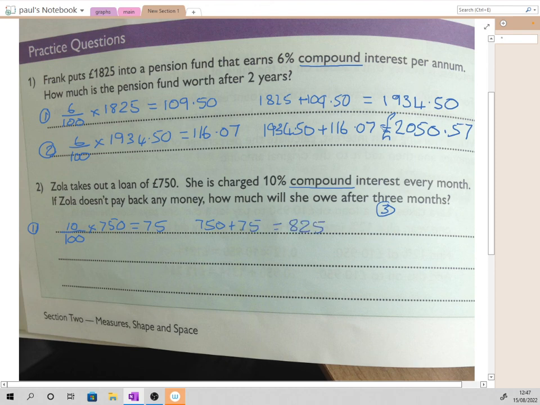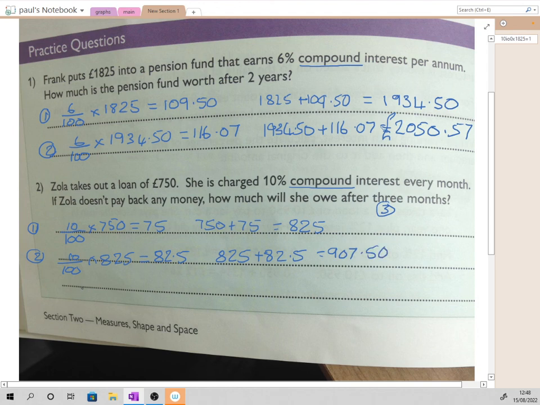So 10% of 750 is 75, which gives £825. Reach for the calculator now. 825 plus 82.5 is 907.50.